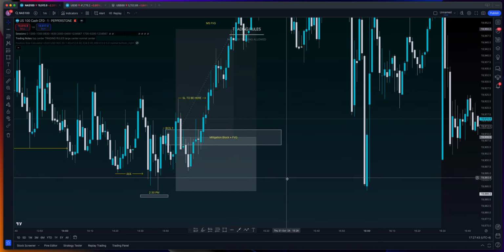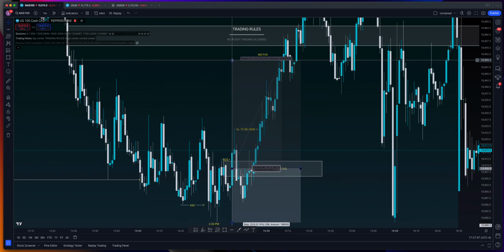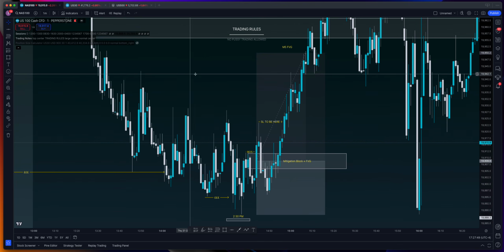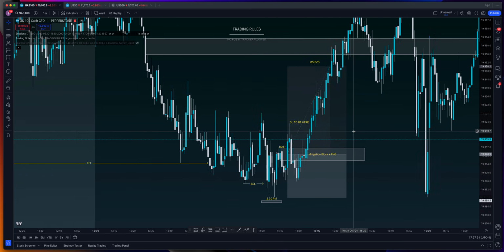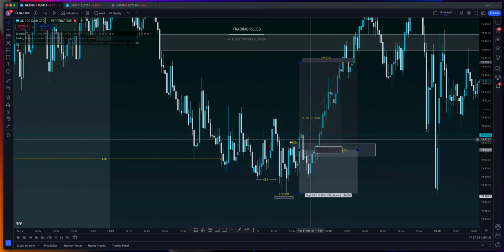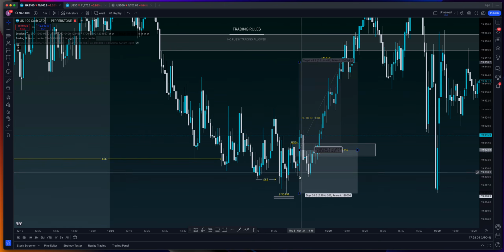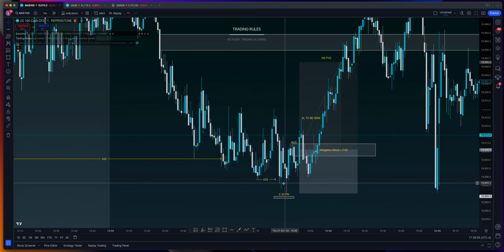Stop loss was at the low, and my take profit was at 1 to 2 risk to reward, just below the M5 FVG, the 5-minute fair value gap. So that is the trade that I took. You saw the trade management for the area over here, where thankfully I managed that trade well and got out at break even. This trade right here was the one that ended up hitting TP after we had our 2:30 liquidity sweep.